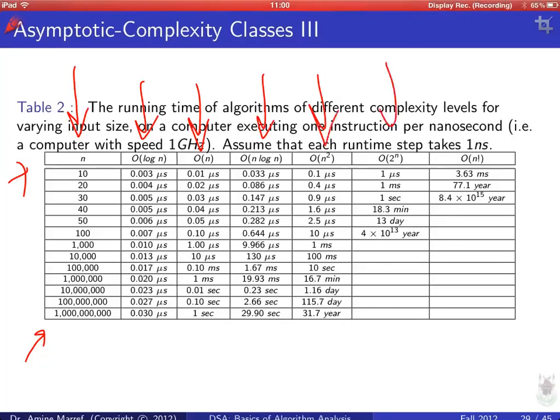Now, what I'm saying is, what if the growth function of some algorithm is log n? Here we are assuming the growth function is exactly log n, okay, for this table. What I mean by that is, we can have a function 2 log n that will still be big O of log n.